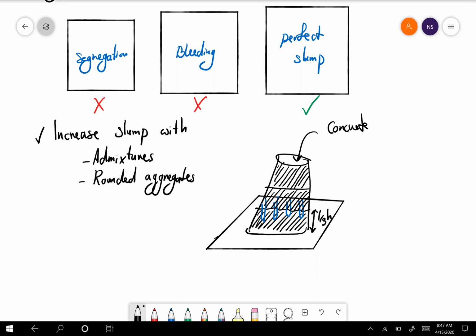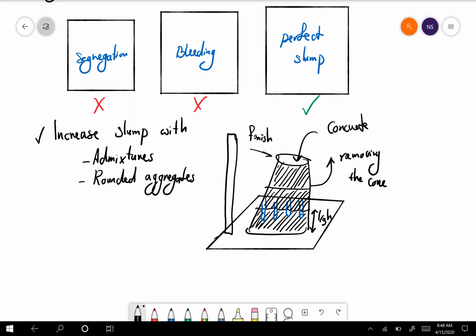Once you finish the surface, you use the metal rod to finish the surface. Once you are done with the finishing, you remove the cone.